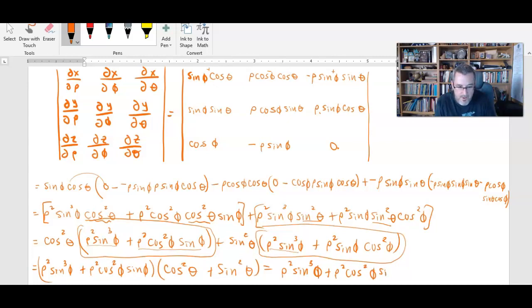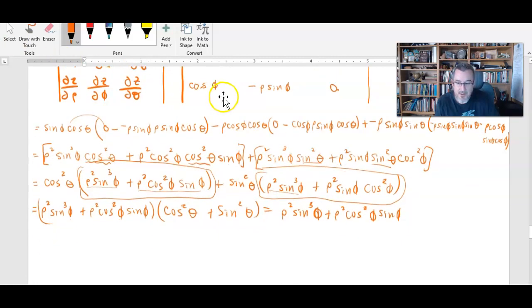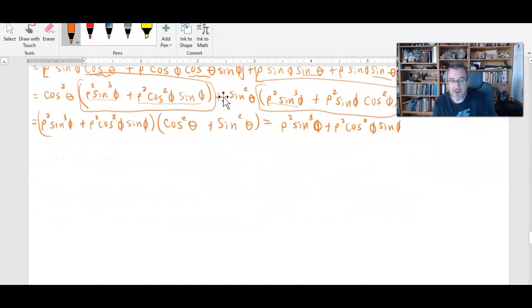All right, now, if you think you got it, take it from there and see how you can finish it off, and then come back and see if you're right. But I'm going to continue, because now what I see is a common factor of rho squared. So I'm going to factor out a rho squared. What else do we have in common? We have a common factor of just one sine of phi.